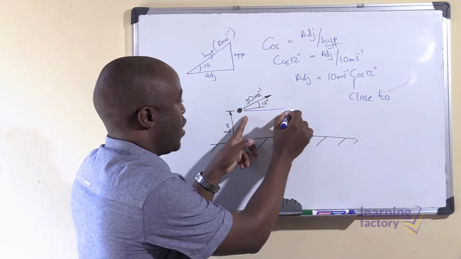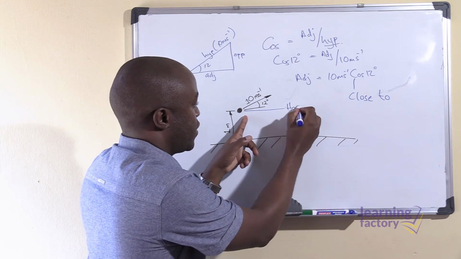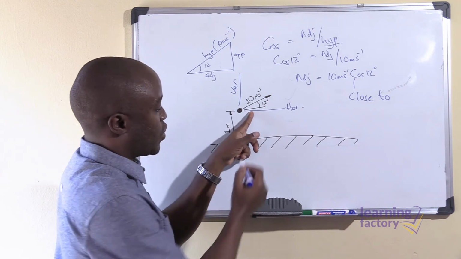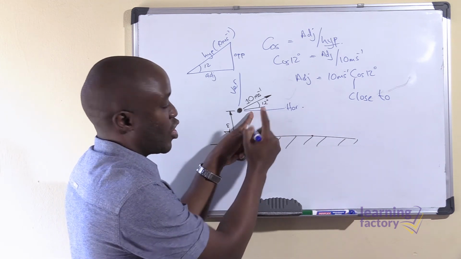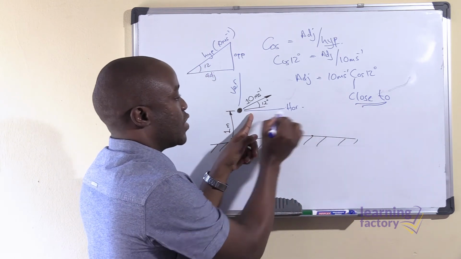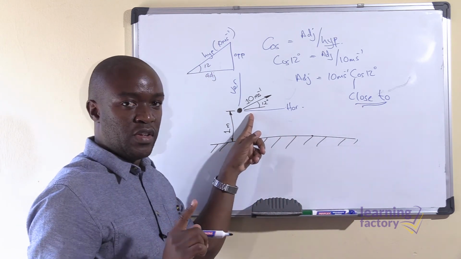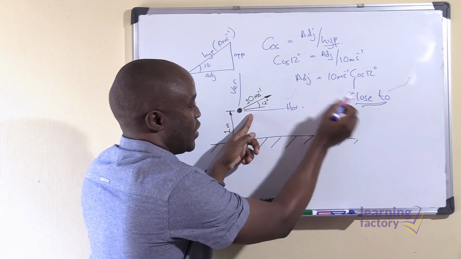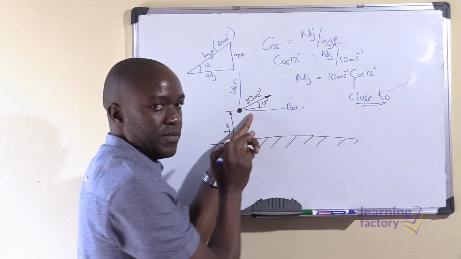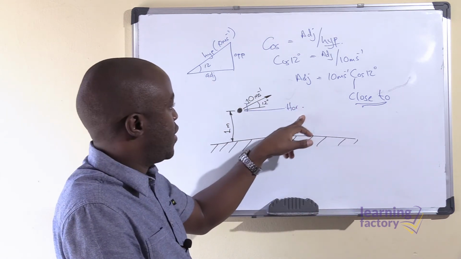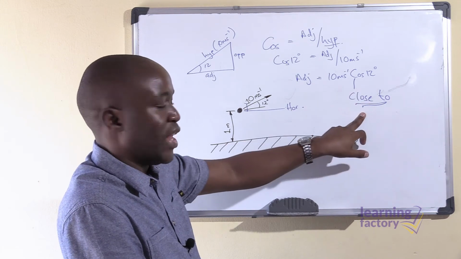So that is our horizontal component, and that is our vertical component. And you can see that the 12 degrees is close to our horizontal. Therefore, we know it's 10 C for close to 12. Our adjacent, which is our horizontal component, becomes 10 cos 12.